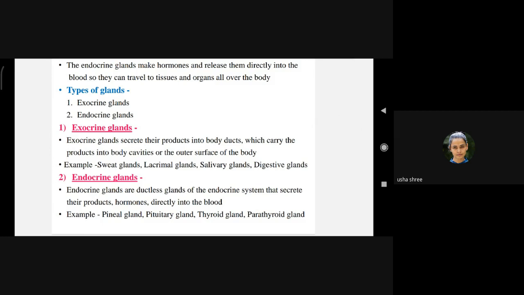The pancreatic beta cells release insulin directly to the nearest blood capillary. Then those blood capillaries collect that insulin and carry it to its target site. Thus, exocrine and endocrine are different. Is it clear to all of you? Yes, ma'am.